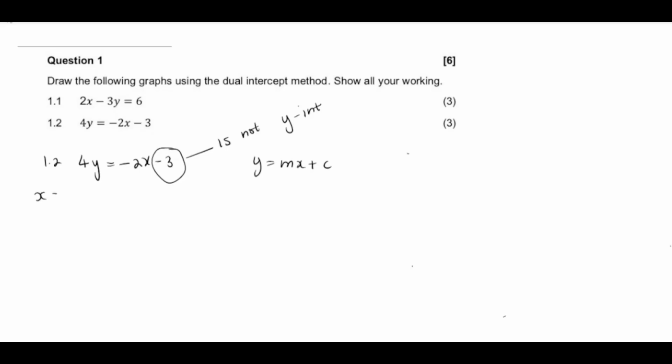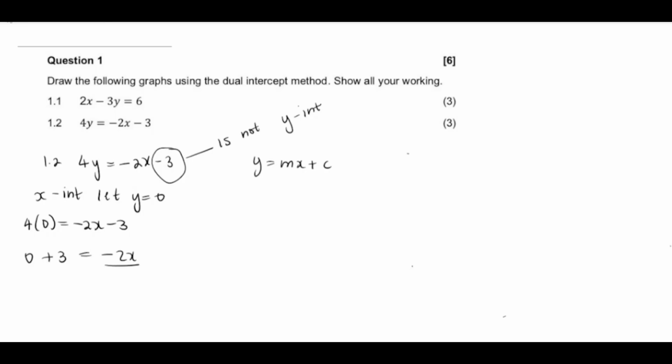For the x-intercept, we let y equal 0. So that means we have 4 open bracket 0 is equal to minus 2x minus 3. Now we solve for x. We move the minus 3 to the other side, and now we have 0 plus 3 is equal to negative 2x.